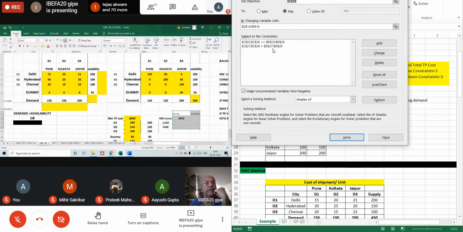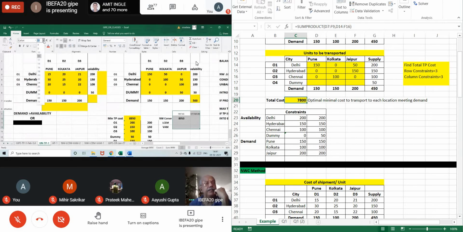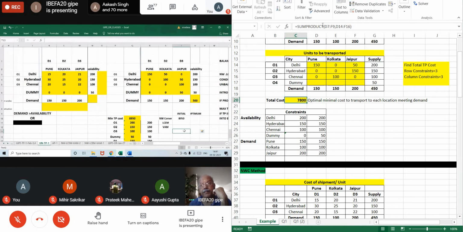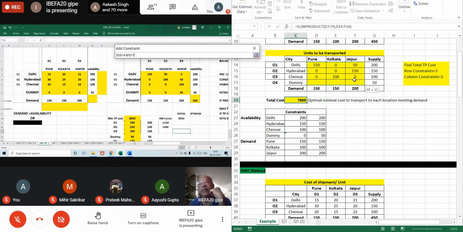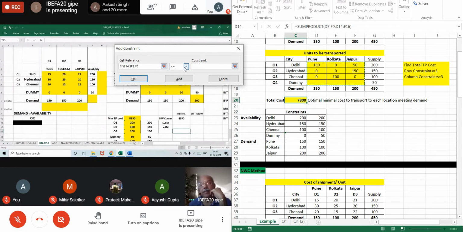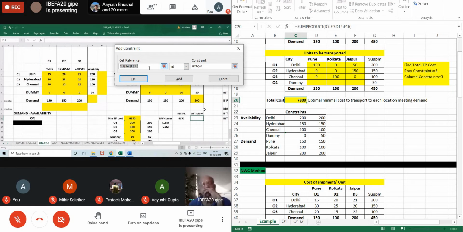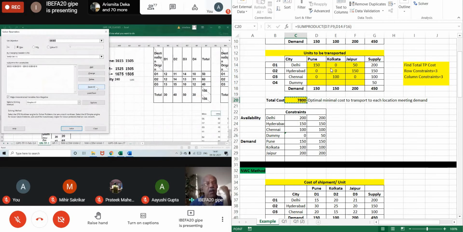Any question? Initial value will be 8,950 and we want optimum, so we have to apply solver. Let us see what is the optimum answer. Data, in the solver, reset all.